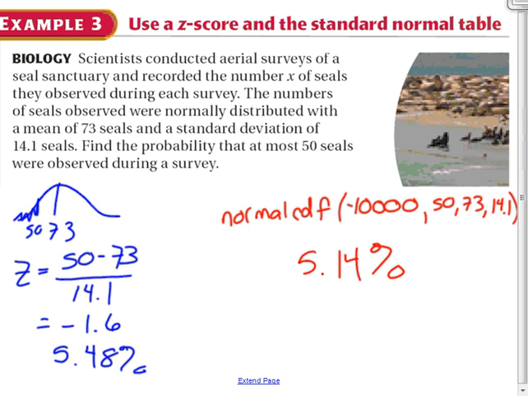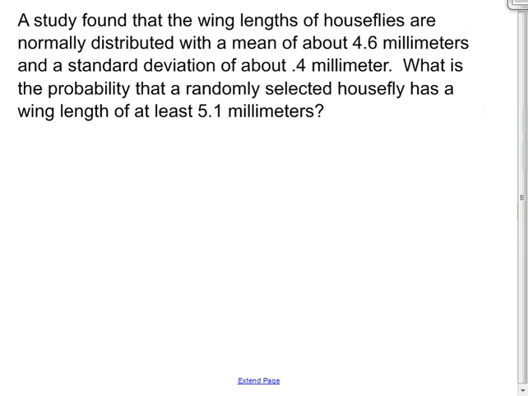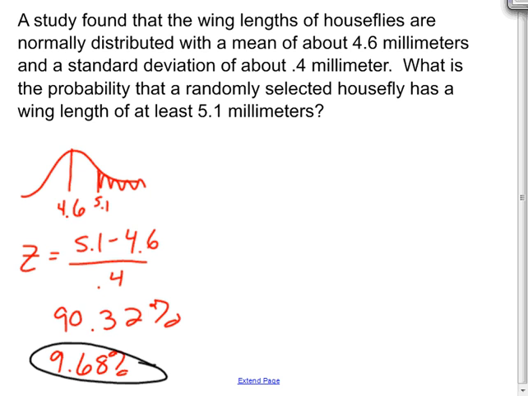Okay. Next one. Go ahead, read it. Draw your picture. Use your table, and then go to your calculator. So for this one, I had to find my complement because I was finding from 5.1 up, which means my table finds from 5.1 down. Subtracted it from 100. Going into my calculator, normal CDF, lowest value, 5.1.